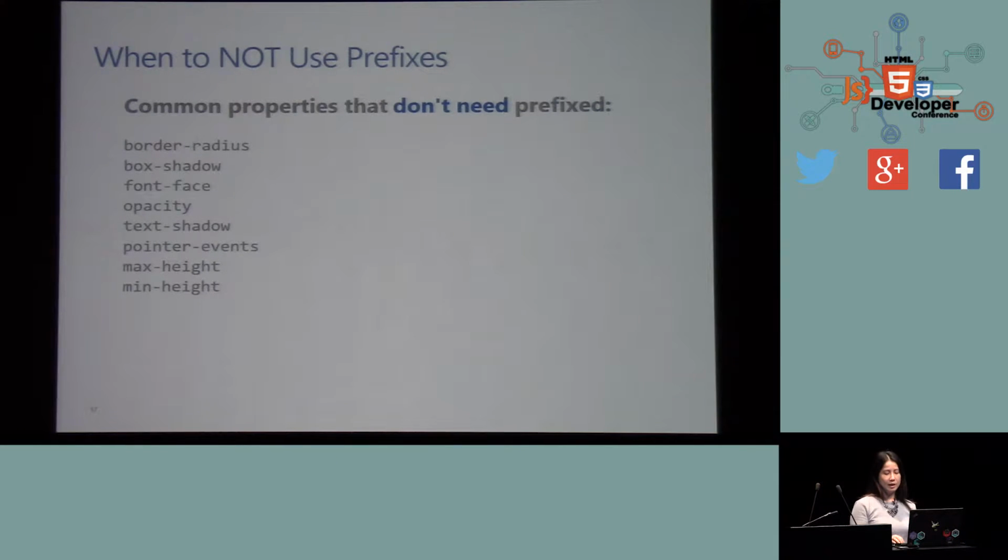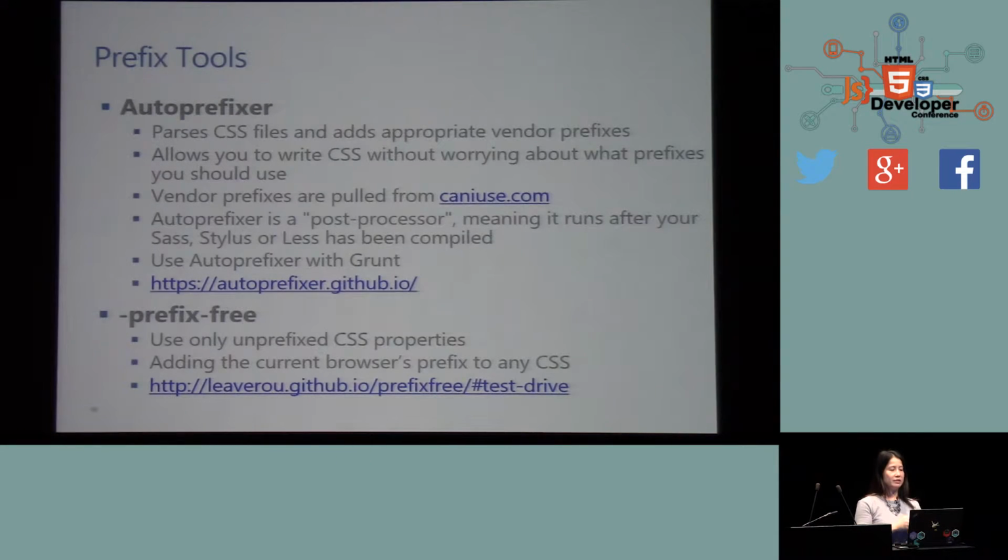So that's good. Next, you would probably say, okay, you said there are tools to help us generate all the prefixes, so I don't have to worry about that, right? If you use features like box sizing, transition, flexbox, you just put the final CSS, say box-sizing, and then you can leave it to tools to do the generation. For example, Autoprefixer. How many of you use that?